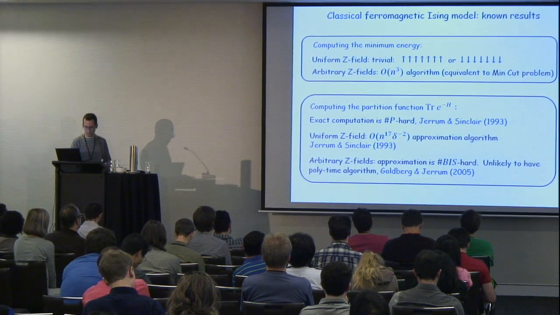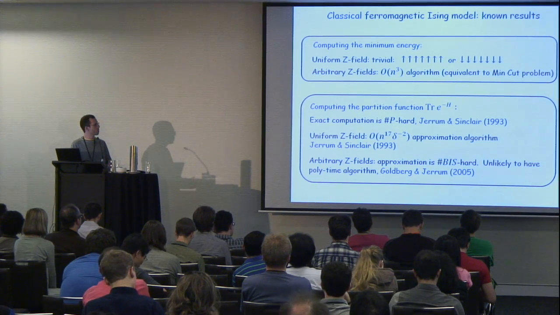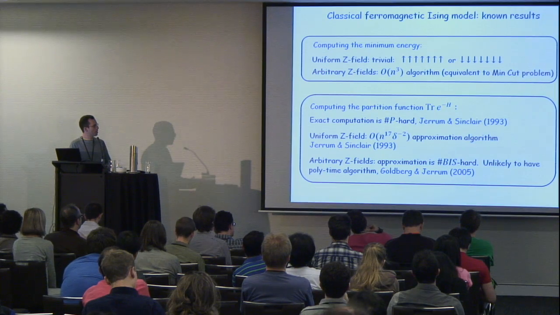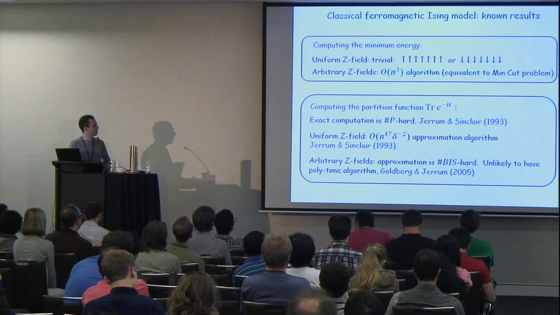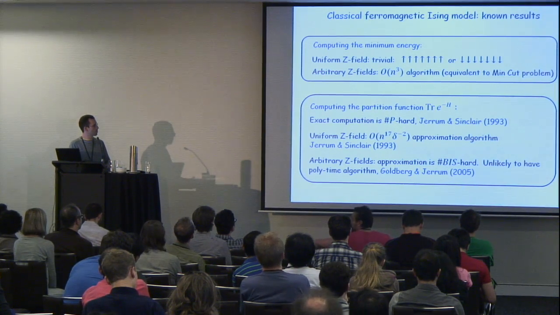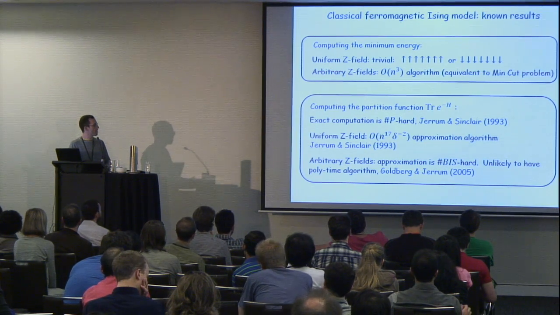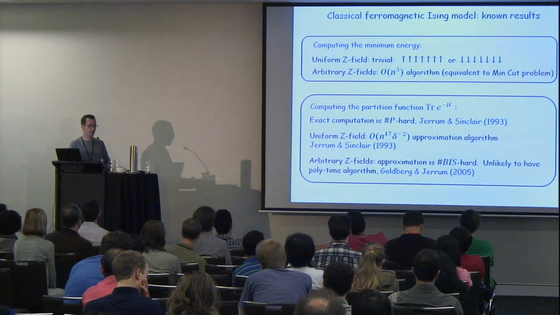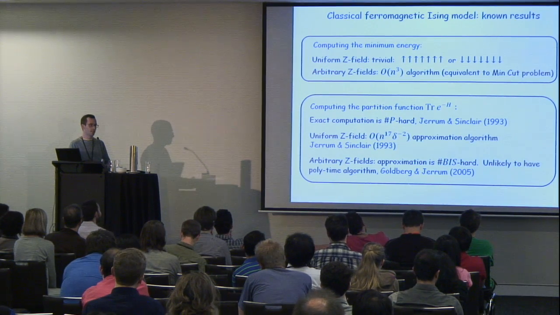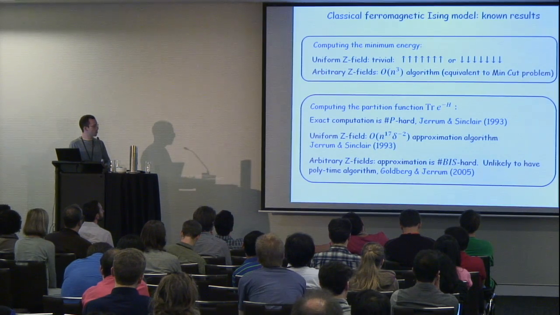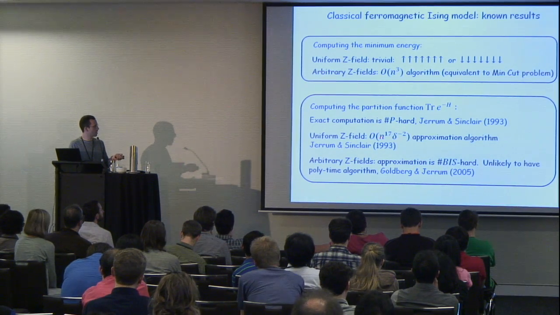And then there are these interesting results about approximating the partition function. It's known that approximating the partition function of the classical Ising model in the ferromagnetic case is sharp-P hard. But if you ask for an approximation algorithm that achieves a multiplicative error delta, then there is a polynomial time algorithm which has this running time, which is kind of crazy.